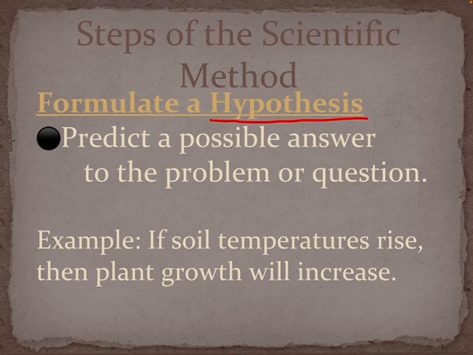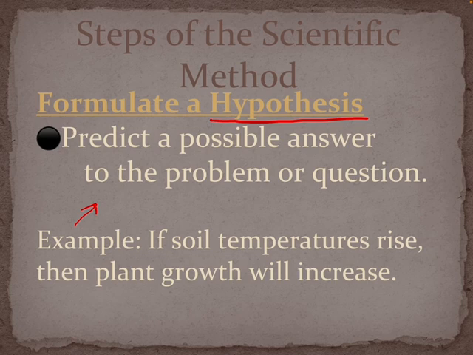So, for example, let's say that we want to do this experiment. If soil temperature rises, then plant growth will increase. This is a possible hypothesis to a research problem about temperature and plant growth. Does temperature affect plant growth?